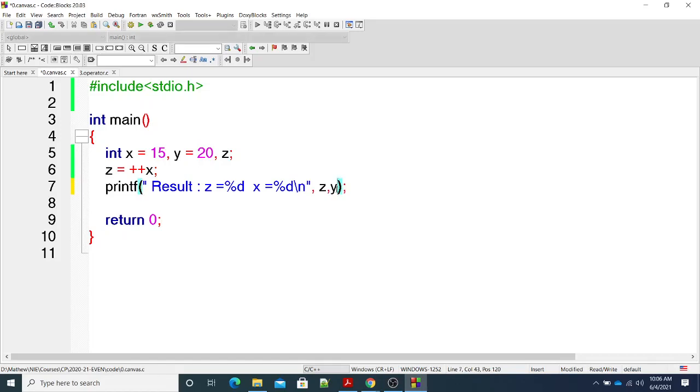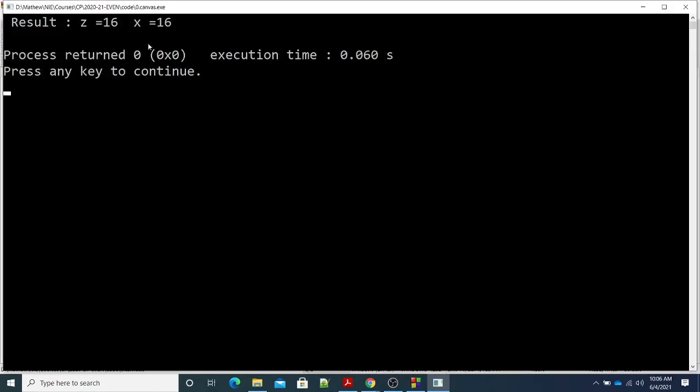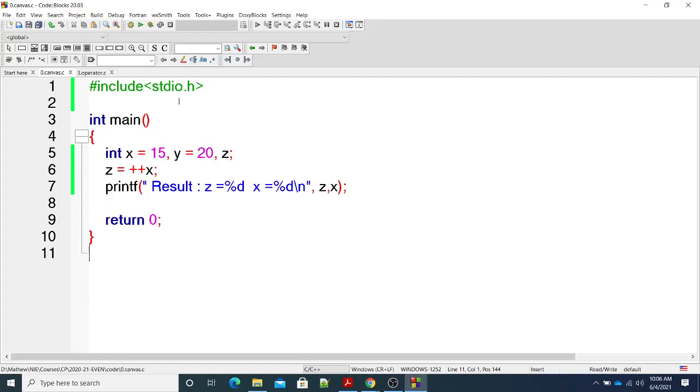And displaying z as well as x. And you tell me what will be the output. Both will be 16. z is equal to 16, x is equal to 16. What happened? First, x is incremented to 16 and the incremented value is assigned to LHS. So x becomes 16, z also becomes 16.